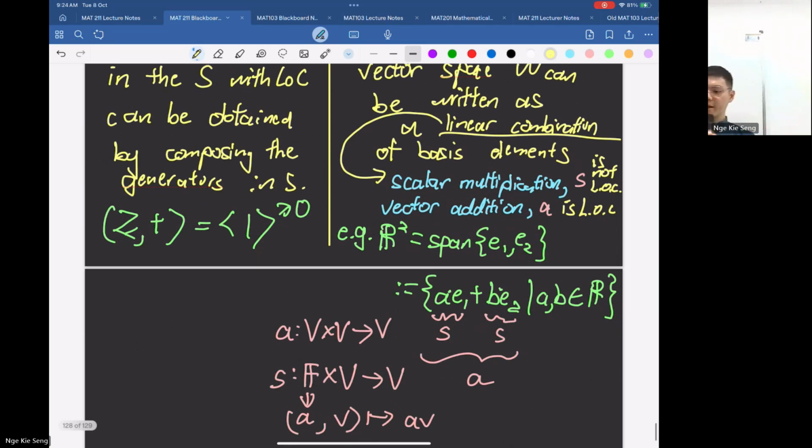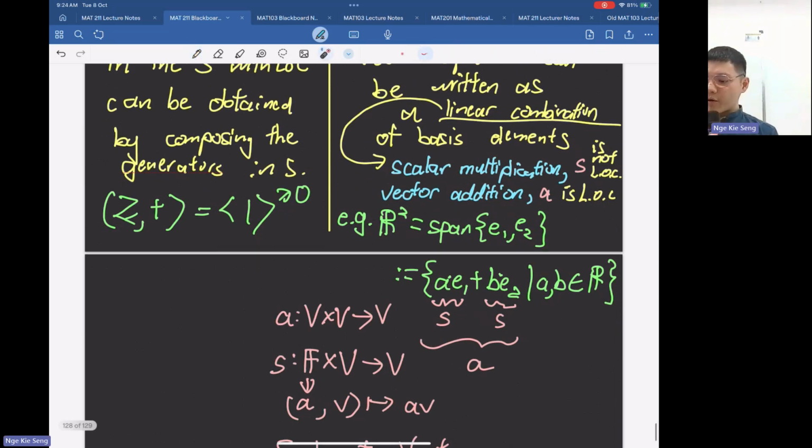Another thing I want to point out is the nature of how they build your space. For generators, we just know one LOC. But for basis, you need to know two things: scalar multiplication and vector addition. You need to use these two operations to build your space.